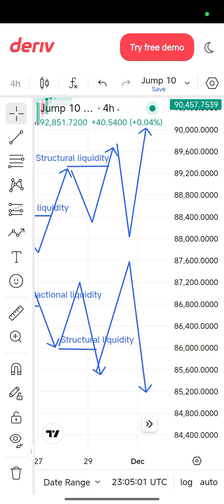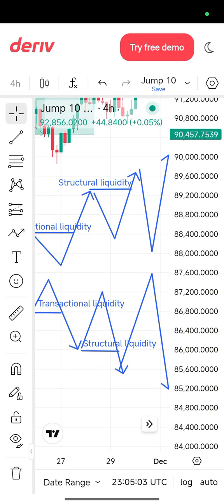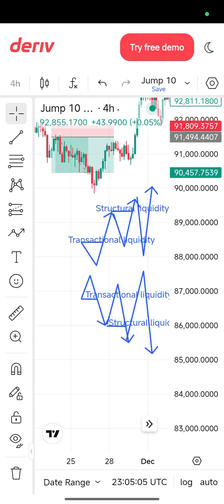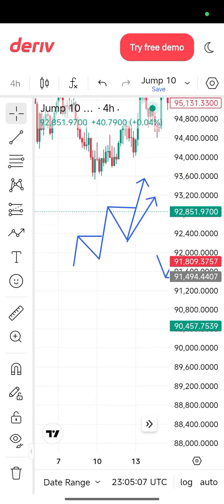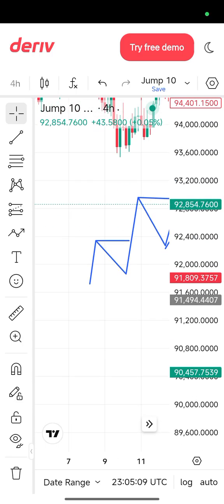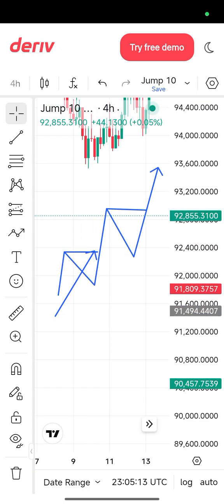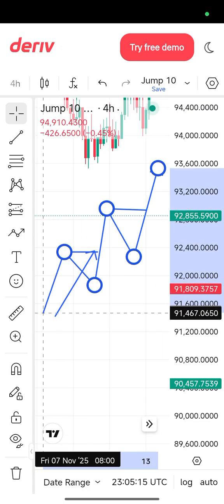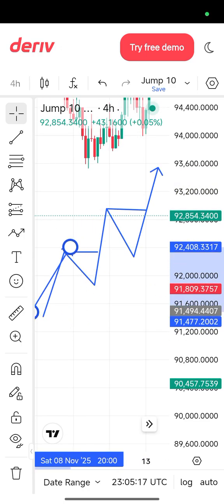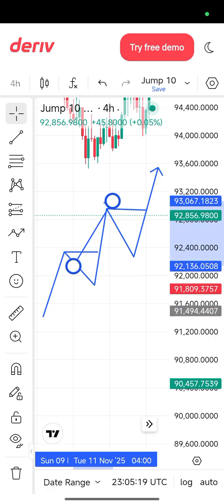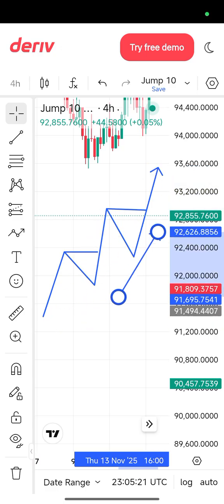That is your inducement. This is a bit advanced because I said previously that after the break, high, lower low, high, lower low, just keep going.